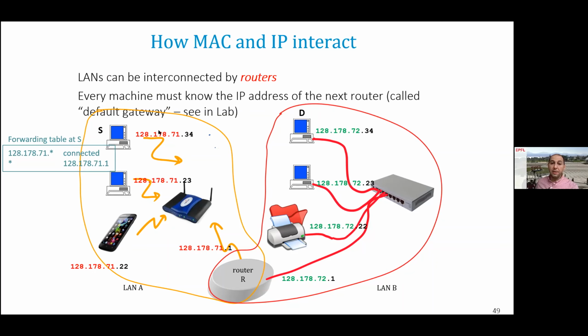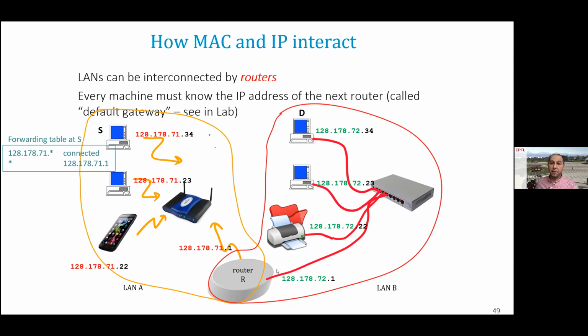But at the MAC layer, the destination of this packet is the router. So the destination MAC address should be the one of the router, so that the router can receive the packet and deliver it to the IP layer. But the destination IP address of this packet is D and will not change because we are moving from one LAN to another.